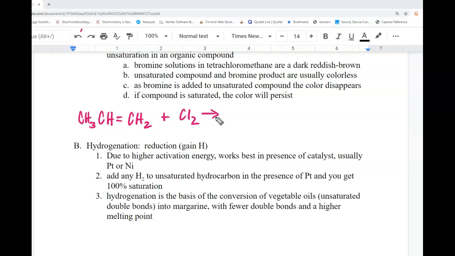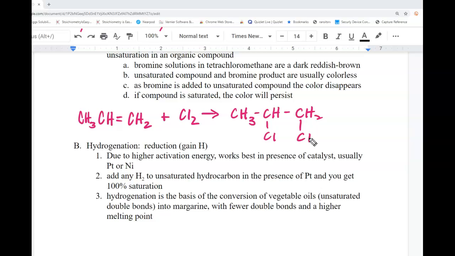Because it's highly reactive, it will automatically break apart, and we would be left with the CH3 single bonded to CH, which now would have a chlorine here, and it would be bonded to the CH2, which would now have a chlorine here.